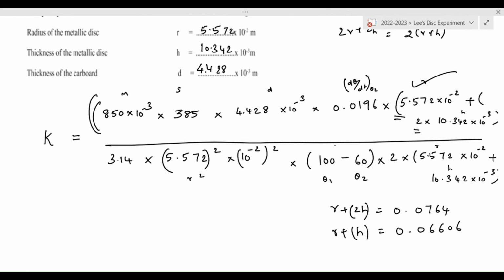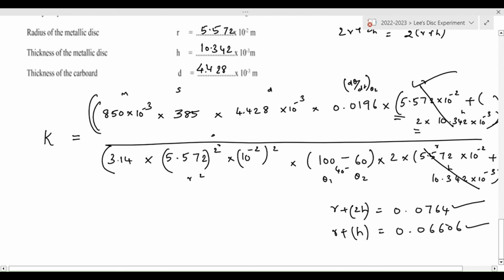Substitute all the numerator values. Instead of this, you are going to substitute this. Close it with a single bracket, divided by a single open bracket. Substitute all the values, and 100 minus 60 can be taken as 40 here. Close it with a double bracket.